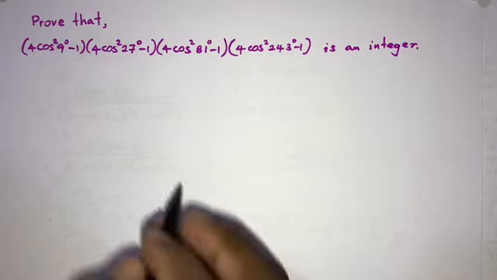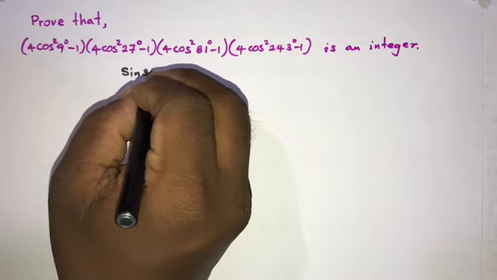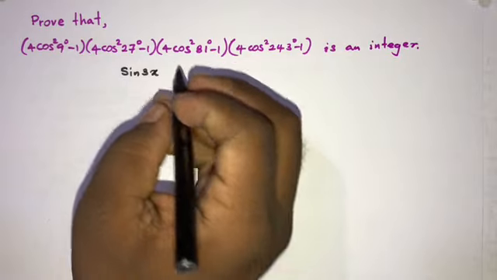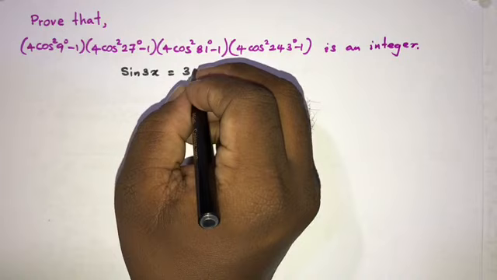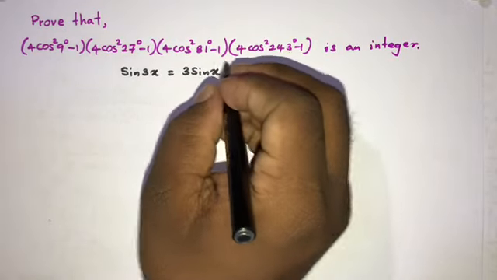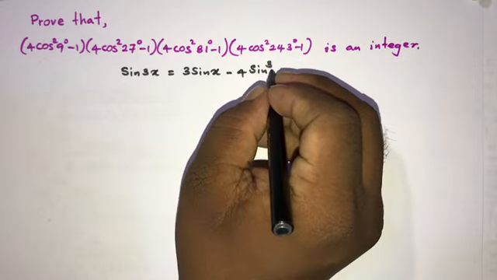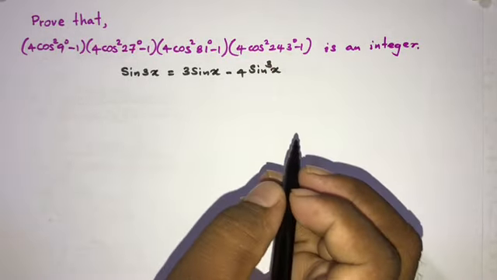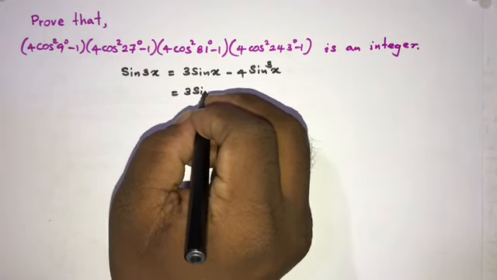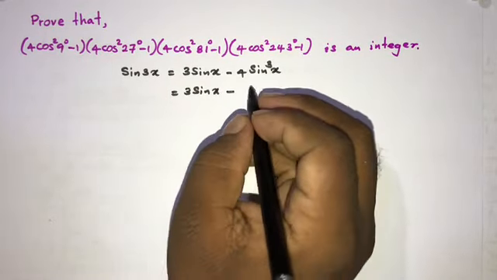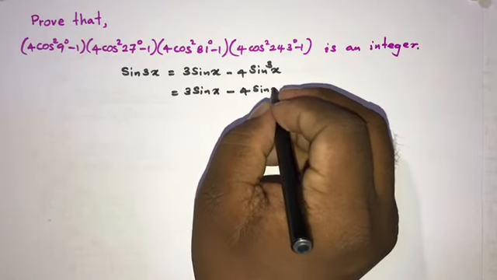I am going to start with sine of 3x. We know the triple angle formula, so this is equal to 3 times sine of x minus 4 times sine to the third power of x.